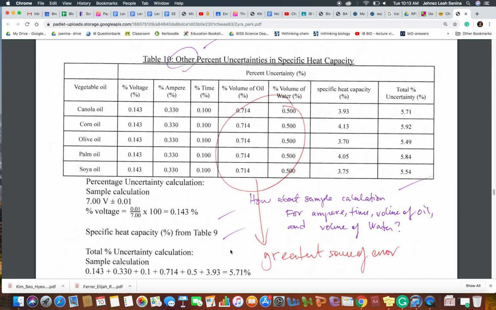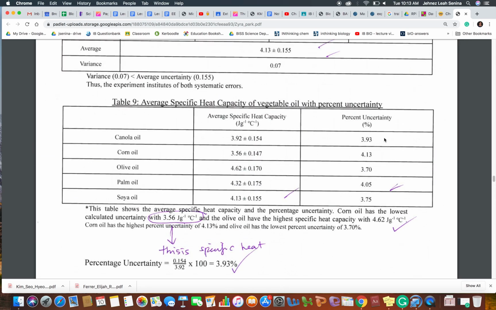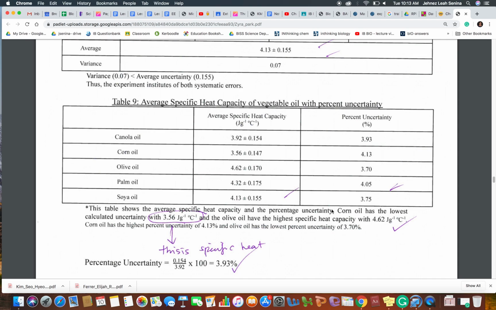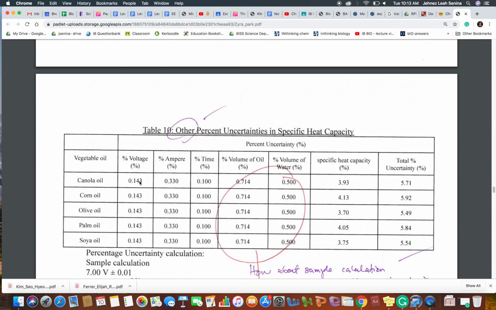So, this is what I'm trying to say. In her calculation, it was just supposed to be 3.93. But if you consider everything that you did, every single thing that you did can generate errors too. So you add them here: voltage, ampere, time, volume.